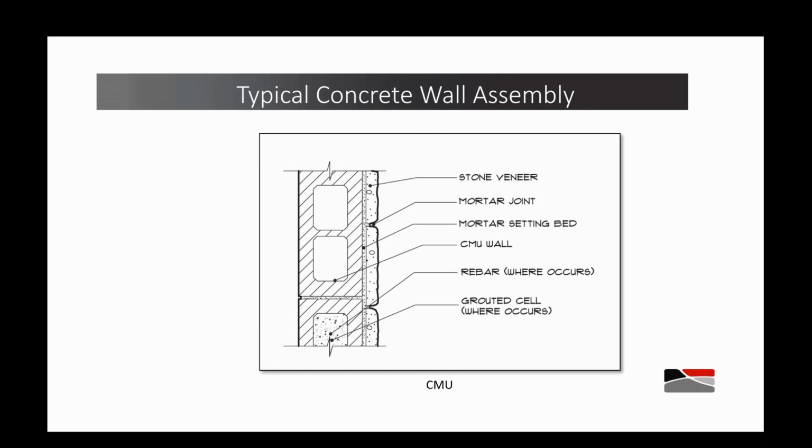Now, you can only do this with poured in place or a tilt-up panel. They don't recommend that you shoot fasteners into CMU walls, but that provides a mechanical fastening for the stone, and it completely alleviates any concern whatsoever about form release agent and what it may or may not do to the bond down the road.